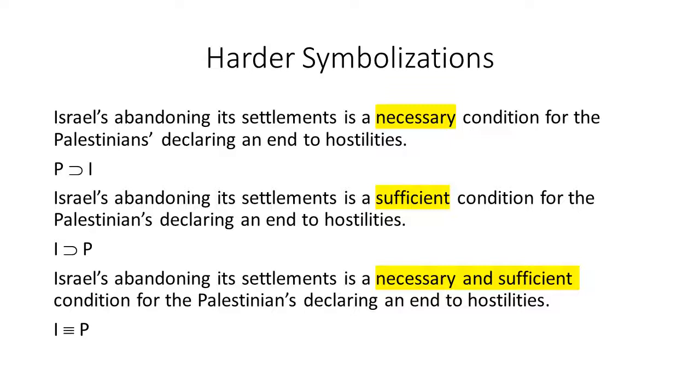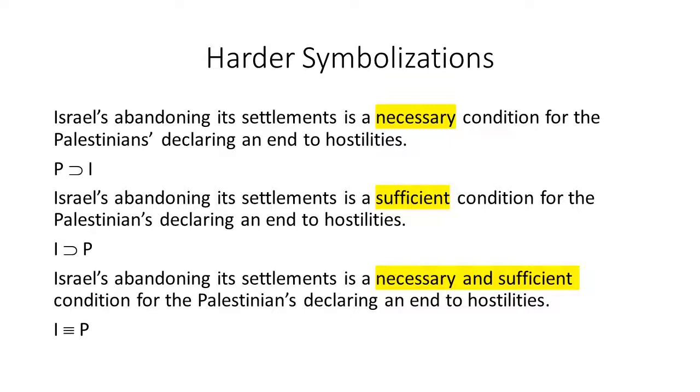Compare that to the first one. The only difference here is the difference between necessary and sufficient. Israel's abandoning its settlements is a necessary condition for the Palestinians declaring an end to hostilities. So if something's a necessary condition for something else, then if the second thing happens, the first thing happens.